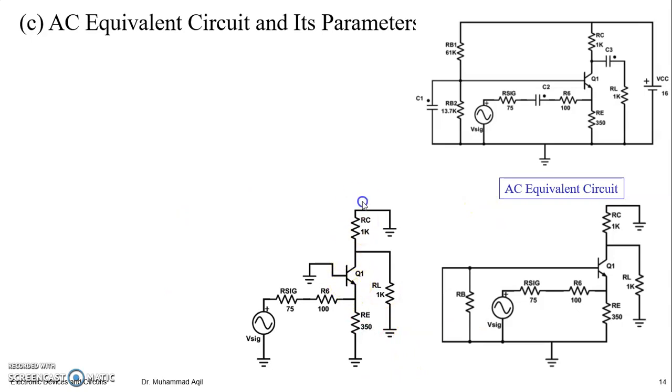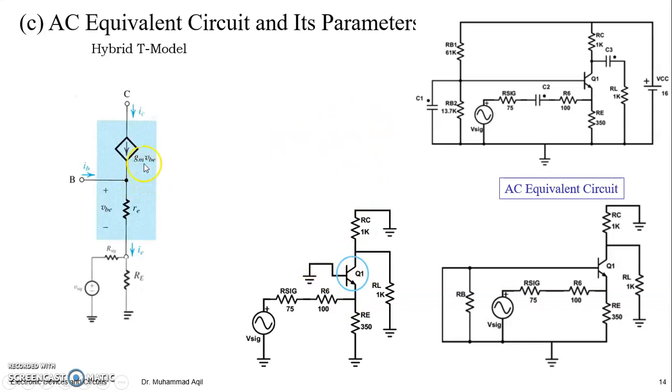So replace this transistor with this model. The T model will be effective here because we have a discrete emitter resistance, something coupled to the emitter, and the base is grounded, right? So this is the T model replacing this BJT transistor.